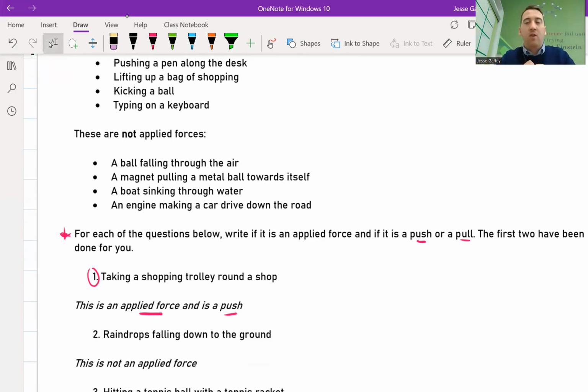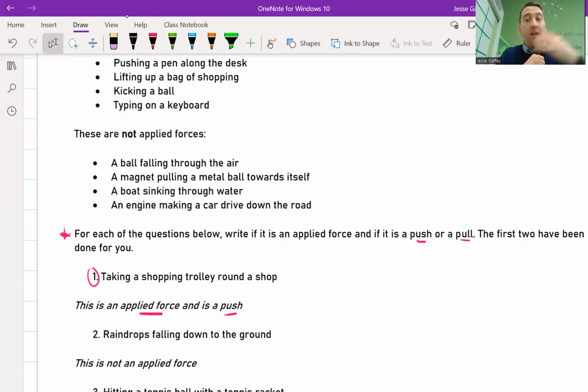Raindrops falling down to the ground. Okay, so think of rain falling through the air. Why are they falling through the air? I'm thinking back to what pulls things down through the air. Well, that's the force of gravity. And they're falling from the sky. So is the earth in contact with the rain all the time that it's falling?